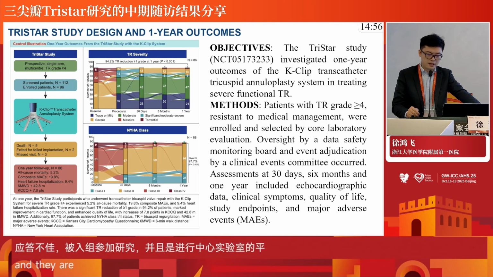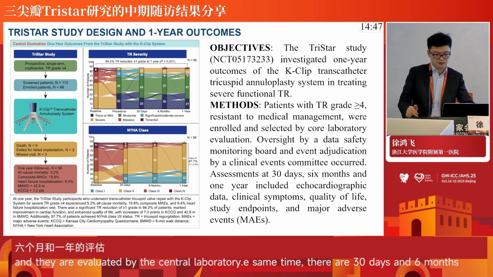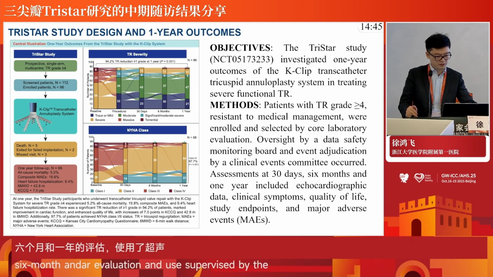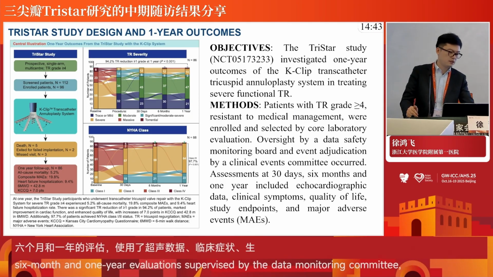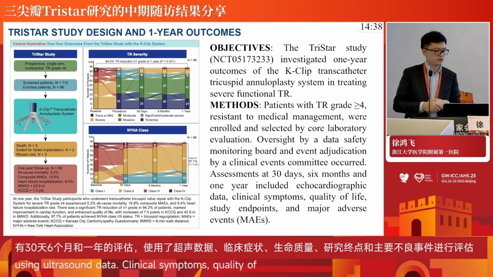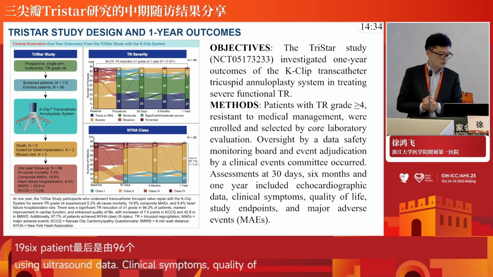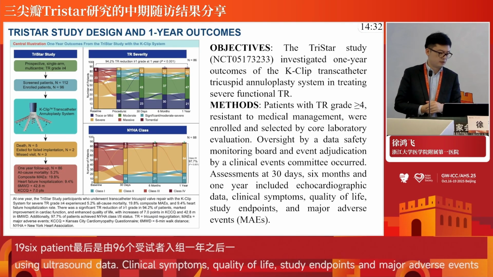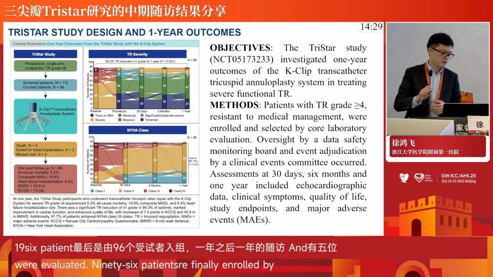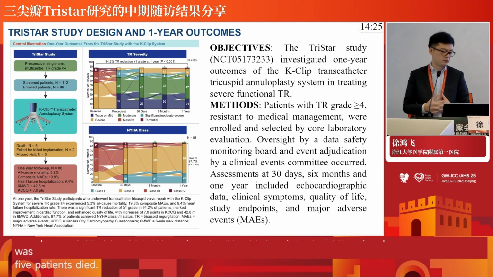Assessment at 30 days, 6 months, and 1 year included echo data, clinical symptoms, quality of life, study endpoints, and major adverse events. You can see we screened about 112 patients, and finally 96 patients were enrolled. After 1-year follow-up, 5 patients died, 2 had failed implantation, and 3 patients missed the visit.